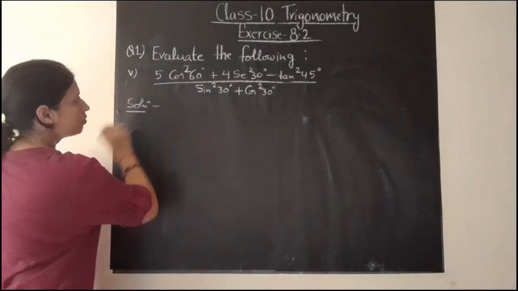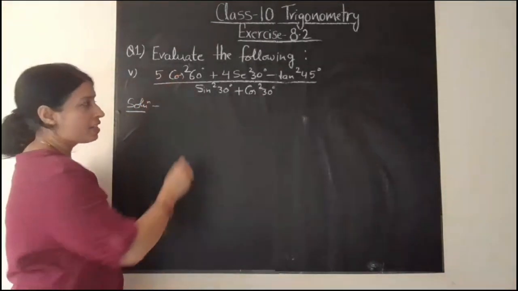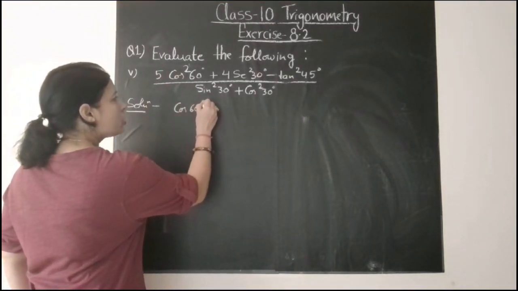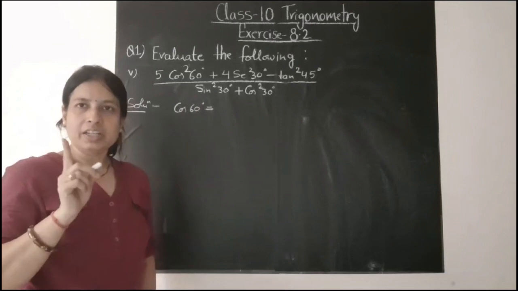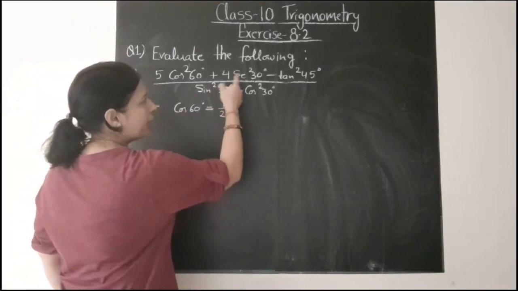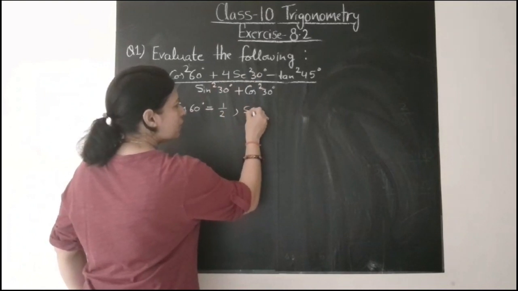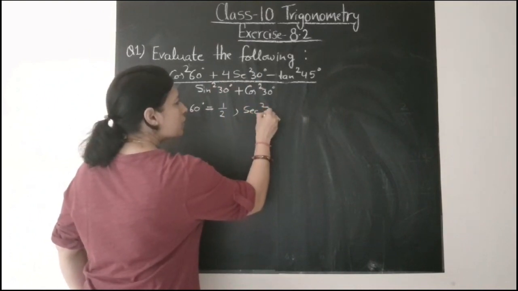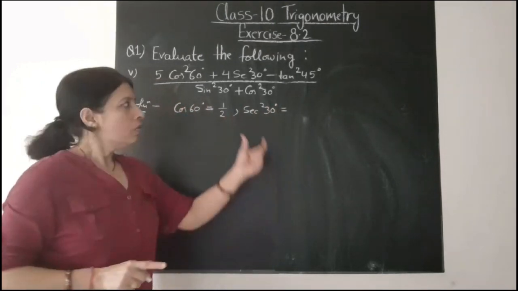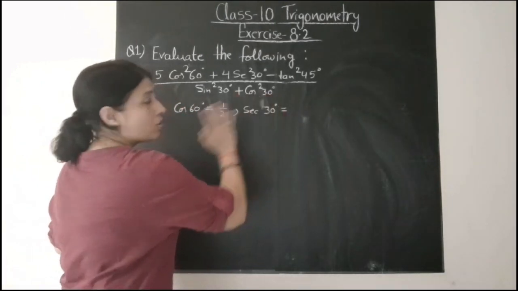So what is the value of cos 60? First write cos 60. Cos 60 is equal to sin 30 degree. So it will be 1 by 2. Then sec 30 degree, not square.